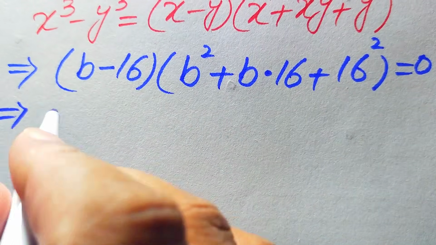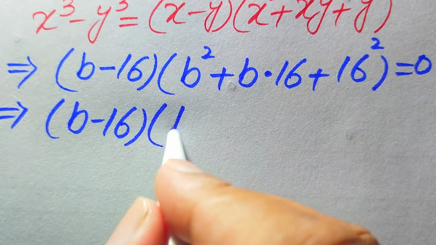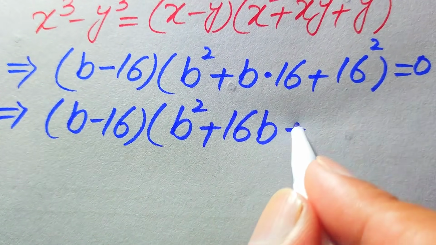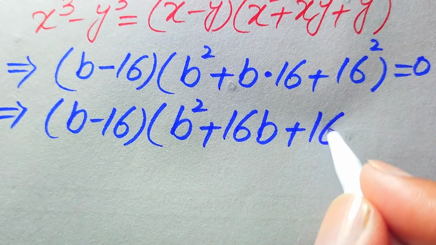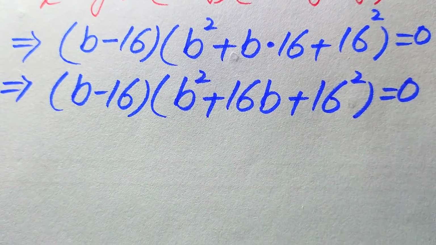In the next step, with more simplification, we get b minus 16 times b squared plus 16b plus 16 squared, and this whole equation equals 0.